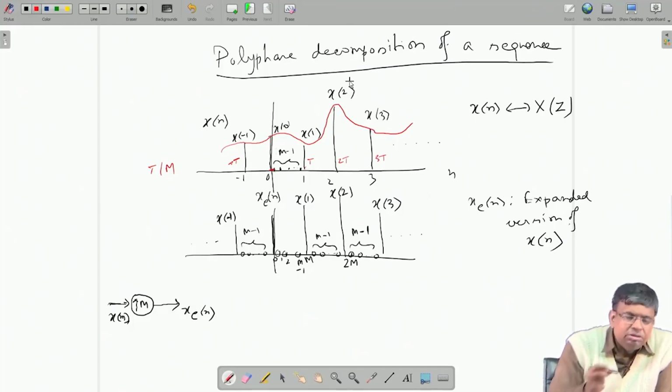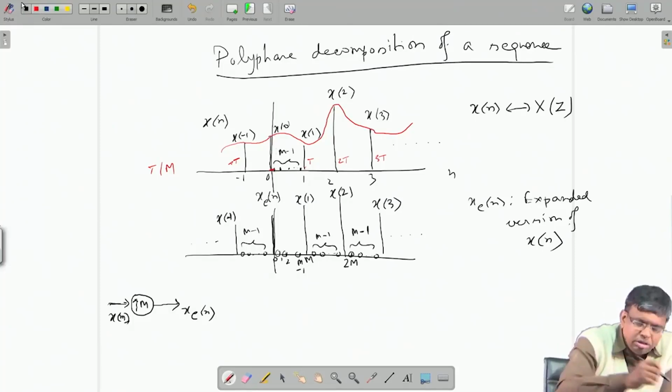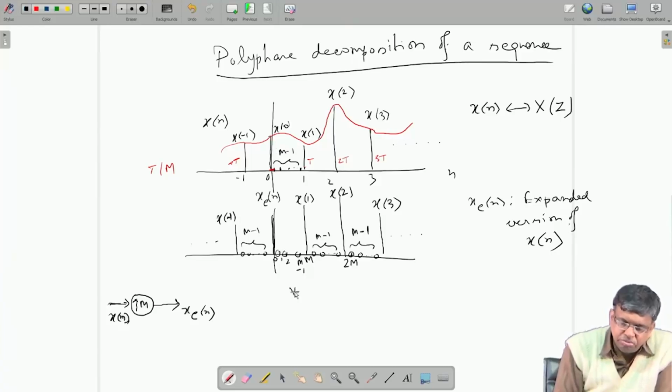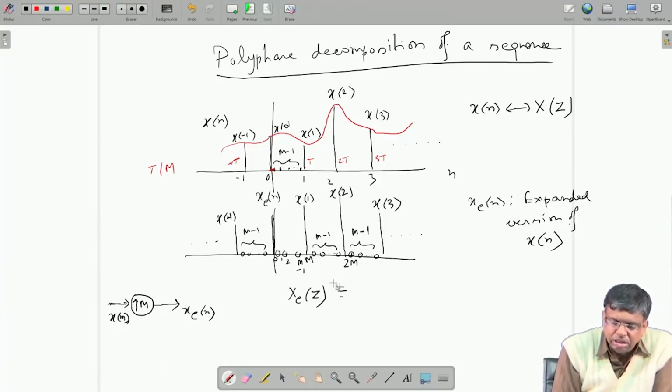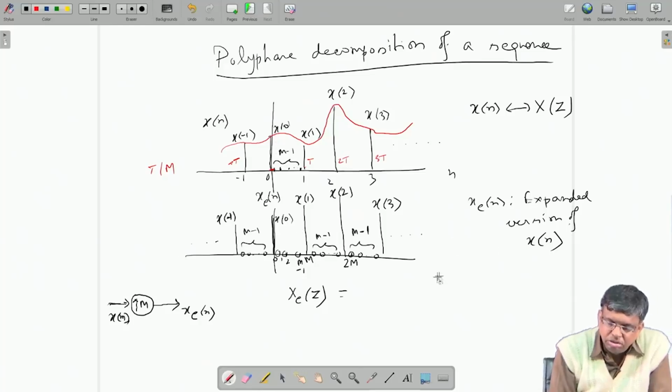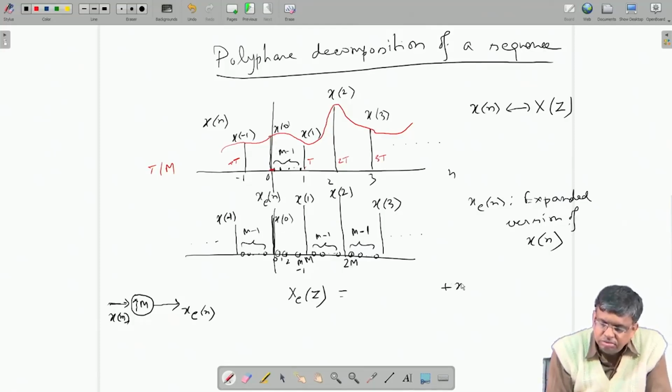Then what is the Z transform of x_e? This is nothing but the Z transform of this. Now this fellow is x0. If you take the Z transform, x0 z to the power minus 0, because 0 is the index, then these zeros do not mean anything.